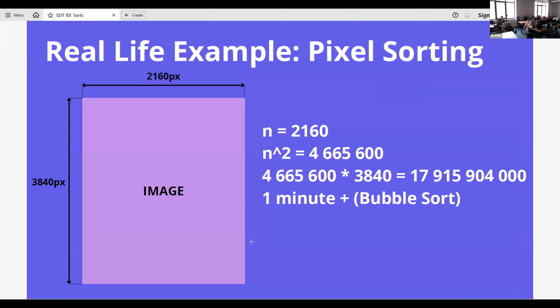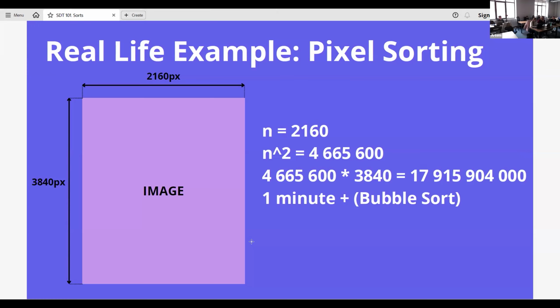And if we have time complexity n squared, we have such an amount of iterations to sort all of those pixels. And this bubble sort, I remember, took like 1 minute for every picture. And it's so slow. And then I tried merge sort. And it became like 5 seconds.